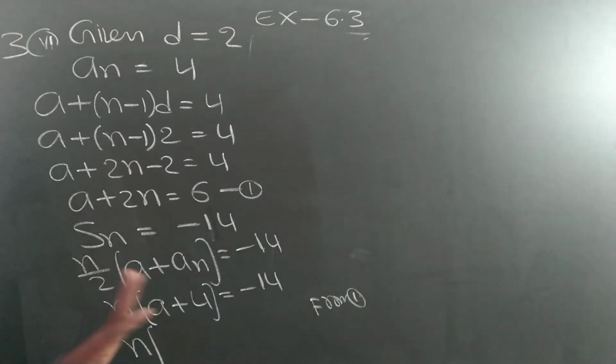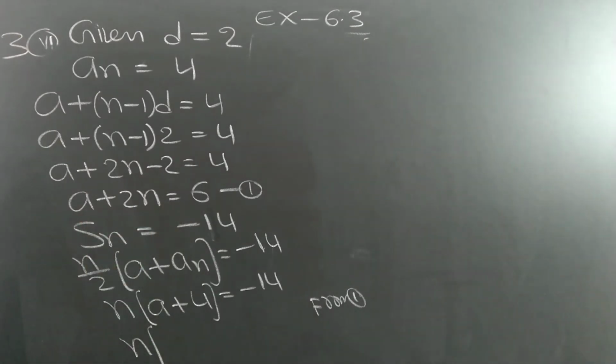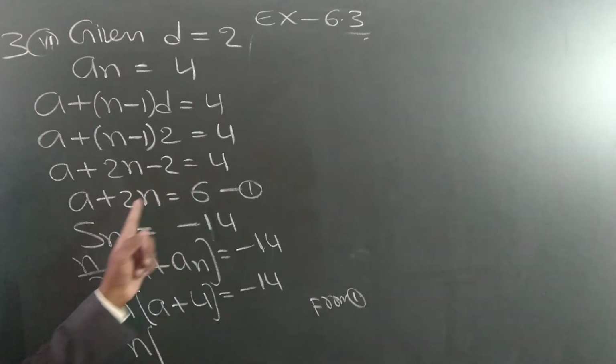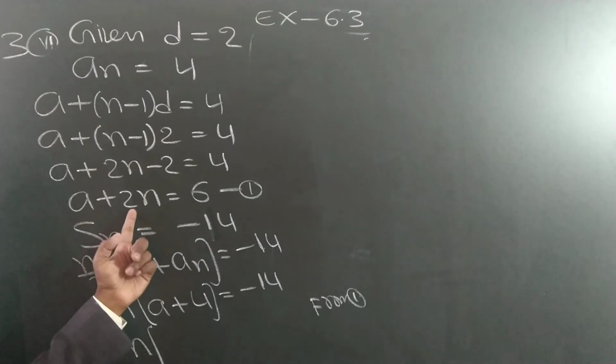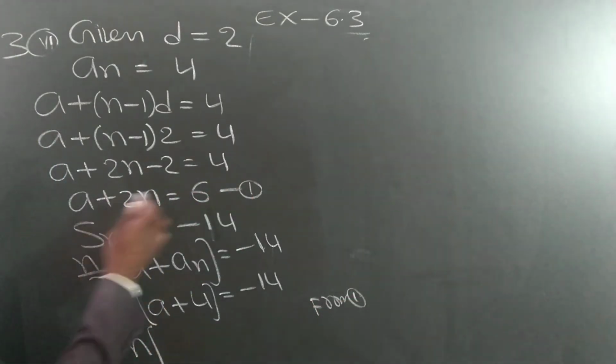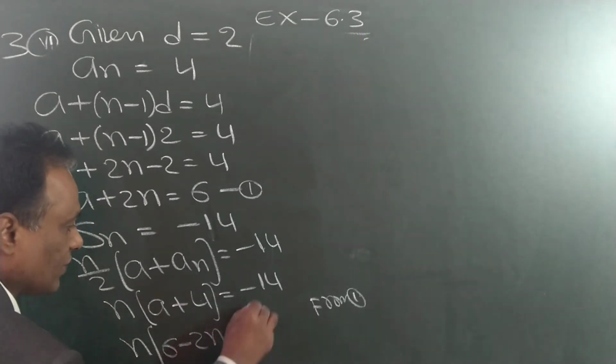Remove n or a, anyone, using the first equation. A is equal to 6 minus 2n, from equation 1.